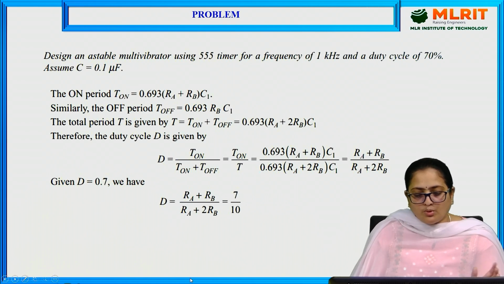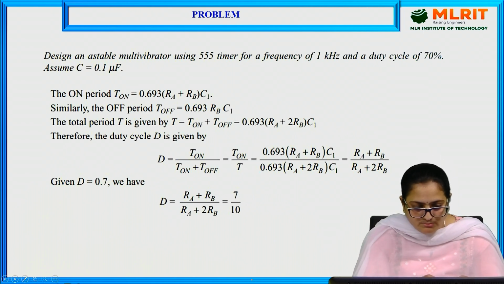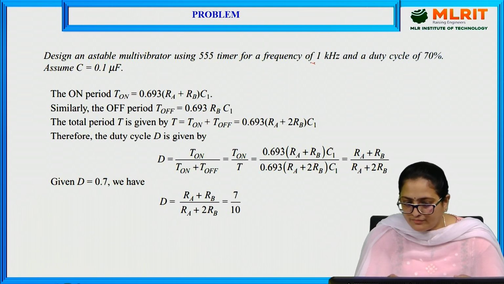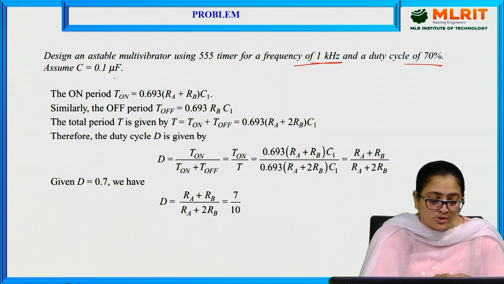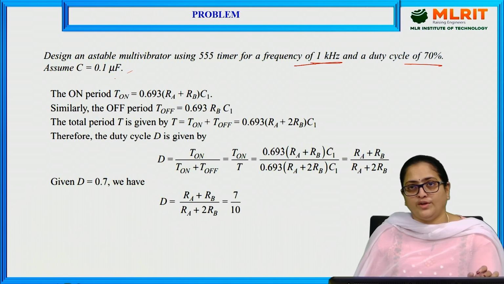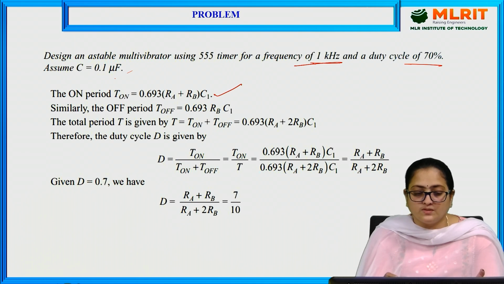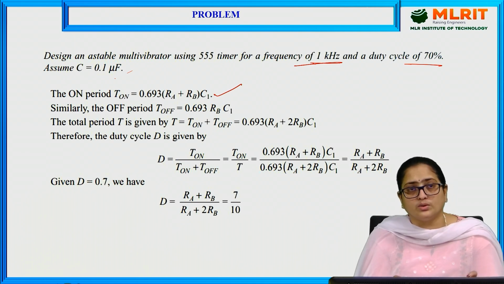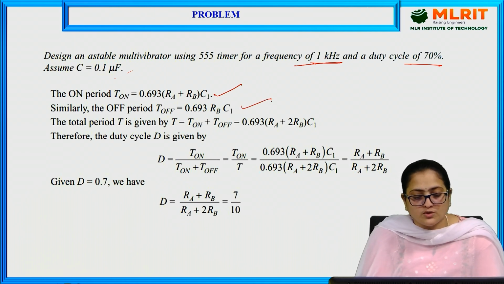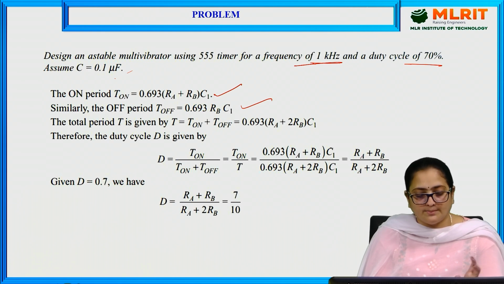And this is another problem, to determine RA and RB values. Design an astable multivibrator using a 555 timer with a given frequency and duty cycle, and the capacitor value given as 0.1 microfarad. We know the formulas as usual. T on time period is 0.693 into (RA plus RB) into C1, and the off time is 0.693 into RB into C1.